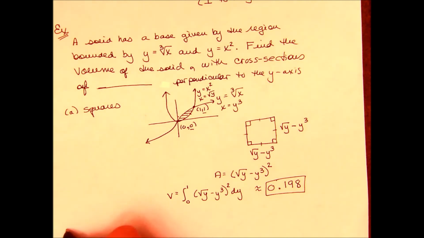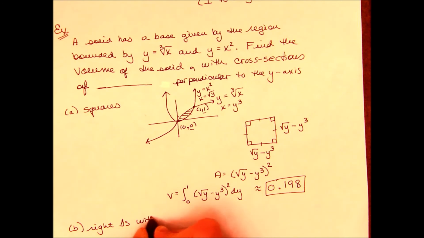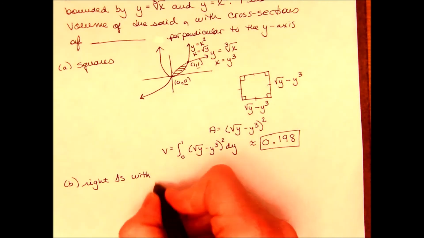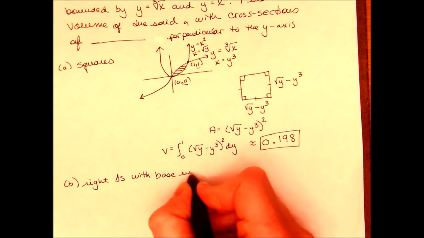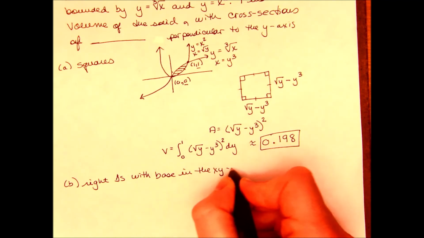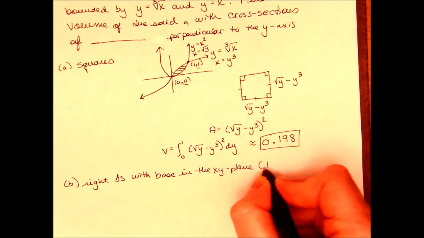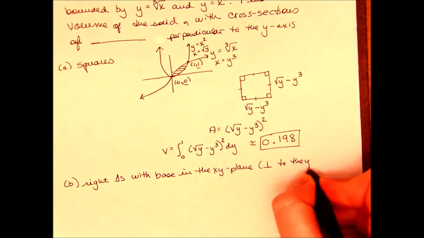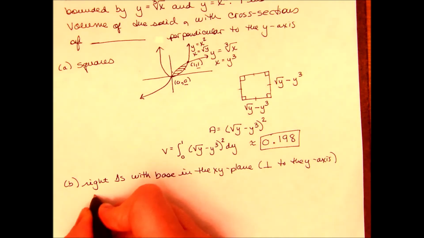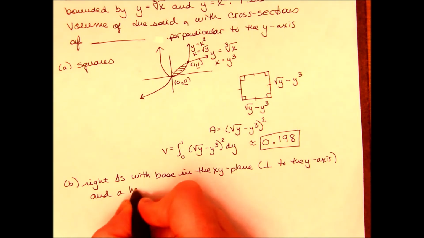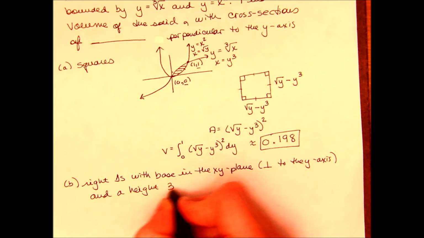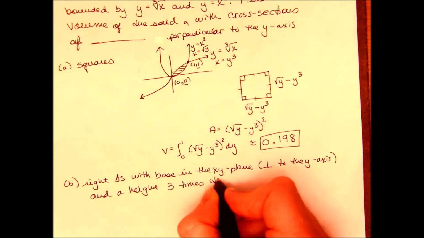One more example here. Letter B, let's say that instead our cross-sections are right triangles with a base in the xy plane, still perpendicular to the y-axis, and a height 3 times the base.